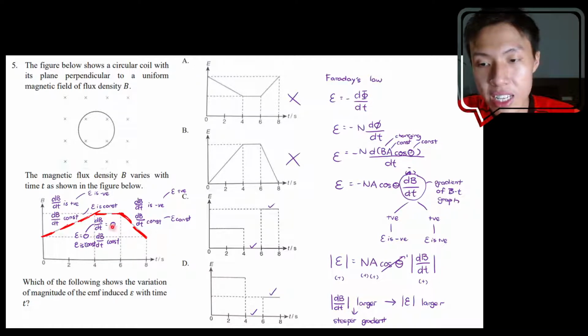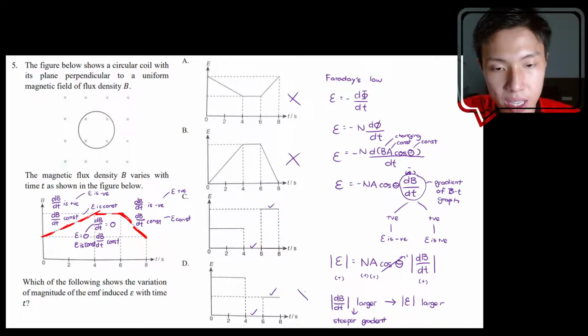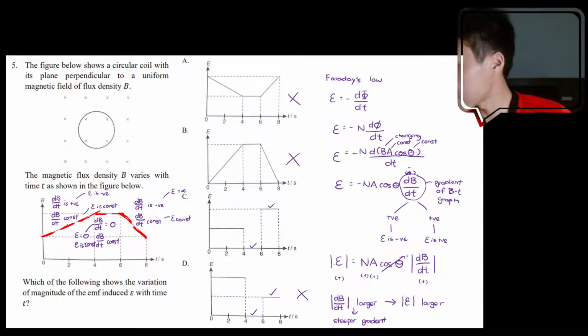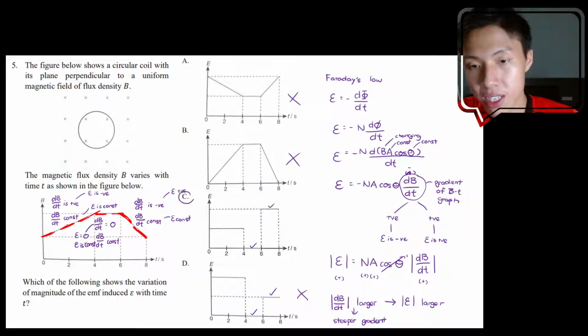So because the later section has a steeper gradient, it should have a greater modulus of dB/dt, and therefore a greater induced EMF. So from here, we can see that D will not be the correct answer. Okay, therefore our answer is C.